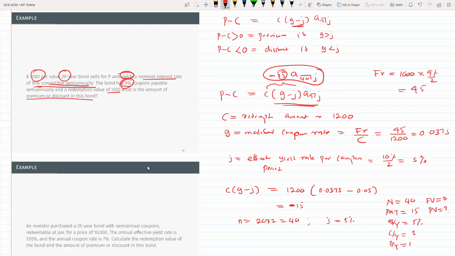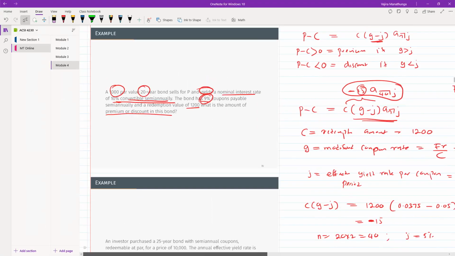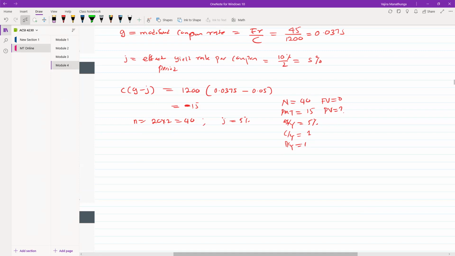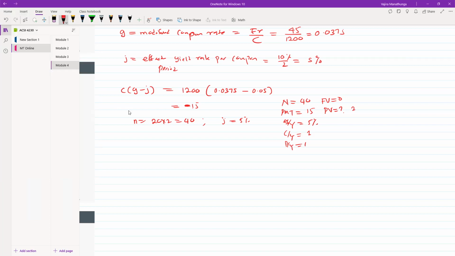So let's use our calculator. From reset: 40 for N, 15 for payment, 0 for future value, 5 for I/Y, P/Y is 1. Then compute the present value. So I get 257.39.